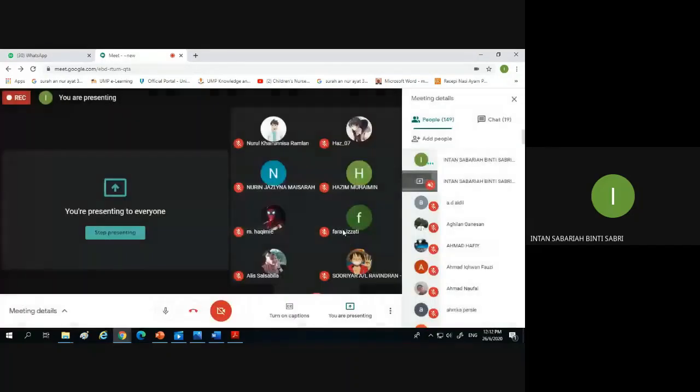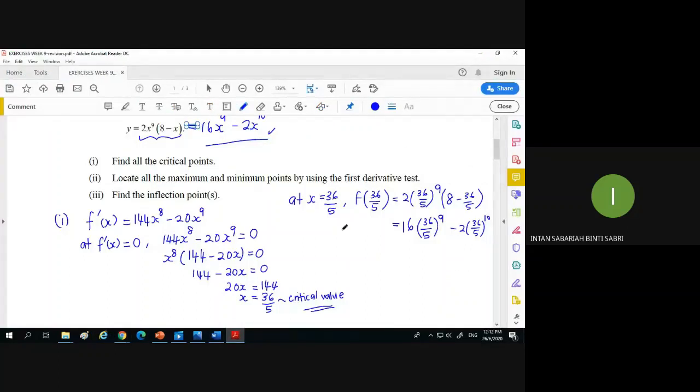Okay, wait a moment. So what is the answer? The answer is indeed quite big because of the power of 9 and the power of 10.